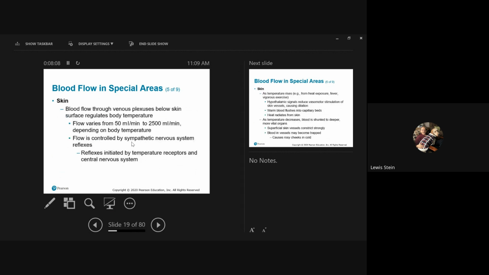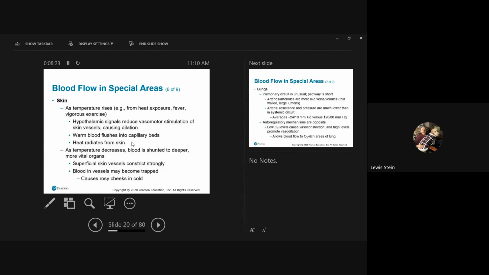So there are a lot of ways of regulating temperature. You noticed you can increase flow to the skin 50 times. So we have a lot of adequate mechanisms to do that. And again, the sympathetic nervous system really is the controlling factor in that, because it's part of fight or flight, the way I look at it. Temperature rises, the hypothalamus says, okay, stimulate them, dilate the blood vessels into the capillary beds: heat, perspiration, evaporation.